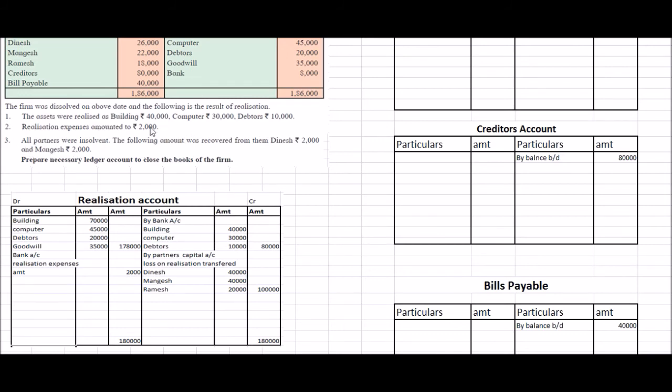The following amount was recovered from them: Dinesh 2,000 rupees and Magesh 2,000 rupees. They brought an amount from their private estate. That private estate amount is Dinesh 2,000 rupees. That will come in the bank account.